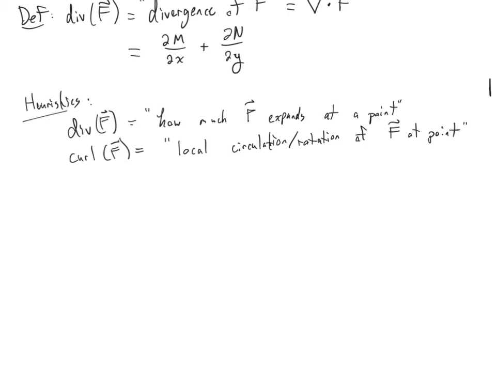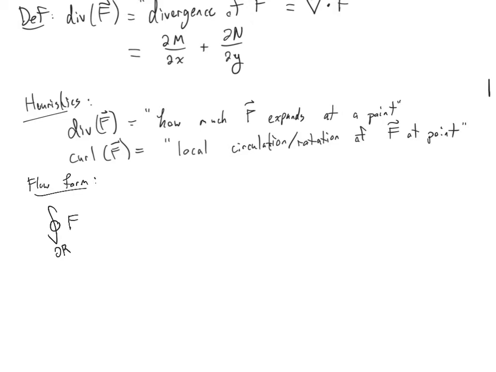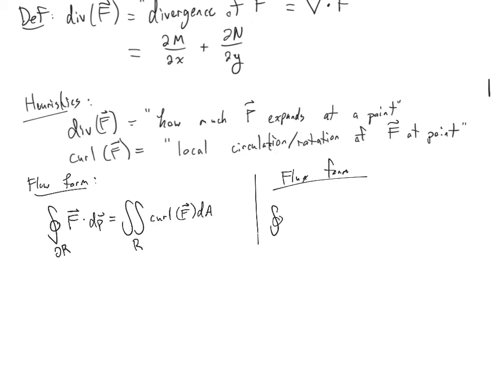On one hand, we have the flow form, which says that if you want to understand the flow around this curve, boundary of R, it's just adding up all of the different local flows inside of R. And the flux form says that if you want to know how f expands across the boundary, how much it's crossing the boundary, you need to add up how much is expanding kind of everywhere inside to know how much it has to be crossing the boundary.